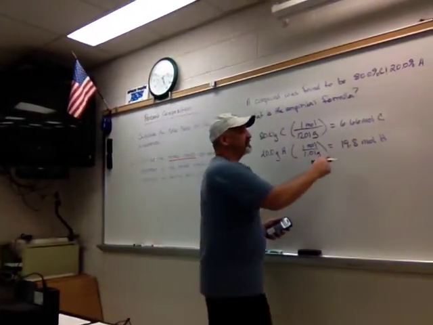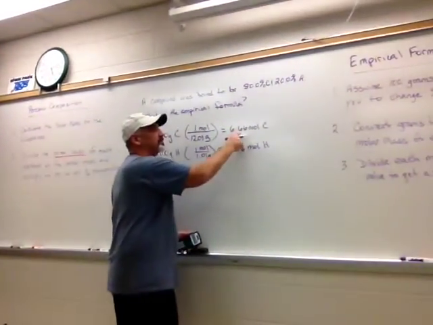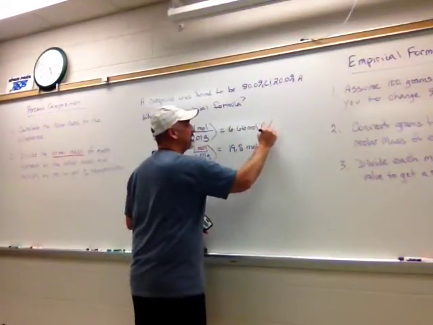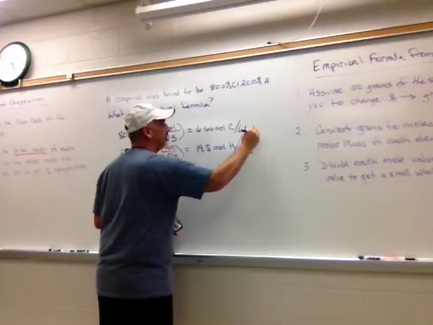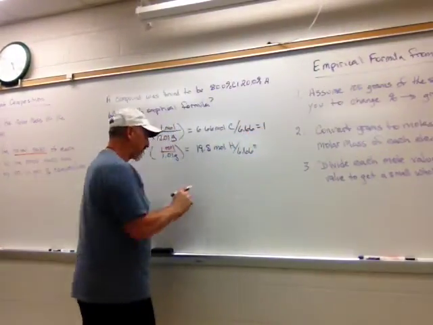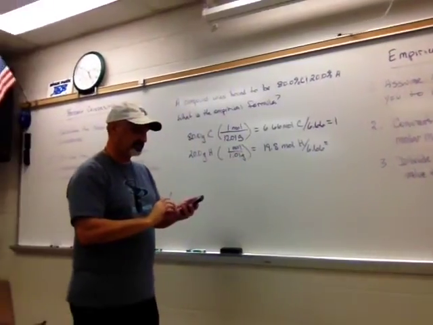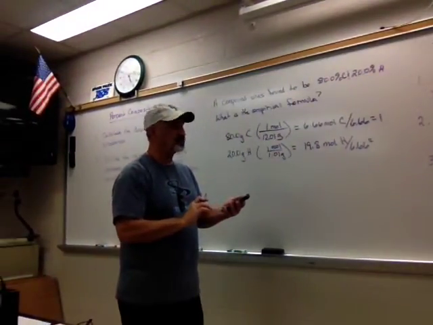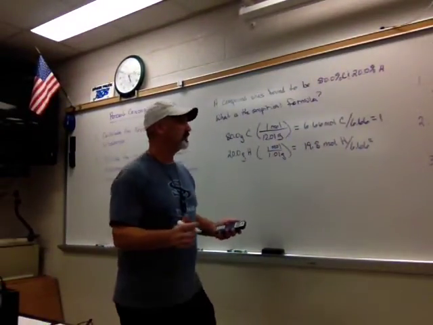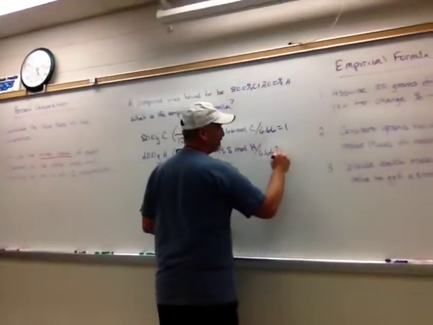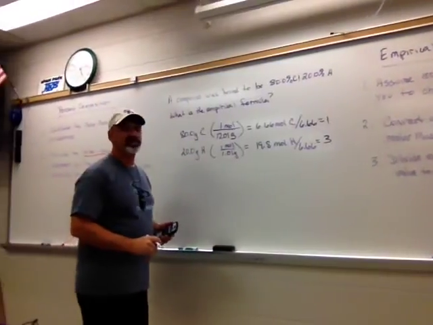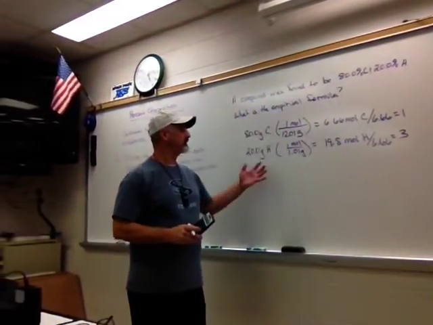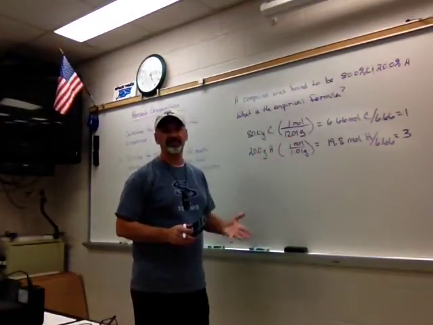If it's a ratio, this number has to be a multiple of that number. So I divide each by the smallest number, 6.66. Obviously this is going to be 1. 19.8 divided by 6.66 comes out to 2.97, which is close enough in government work to be 3. The only reason it's not exactly 3 is the rounding with the molar masses and such.